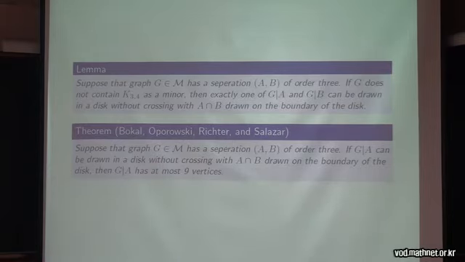So now we can say that the graphs in the class M are 9 shallow, because I eliminate the K34 minor.